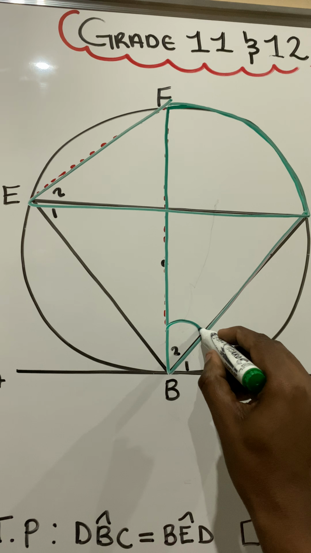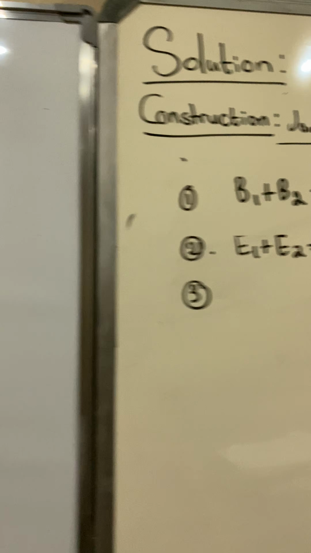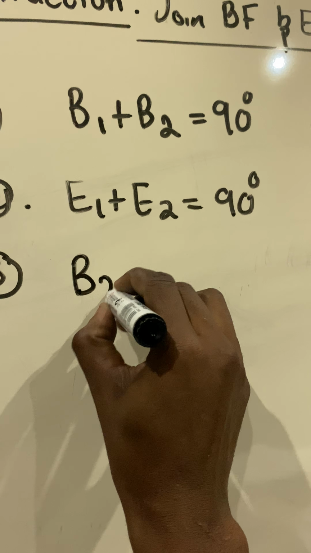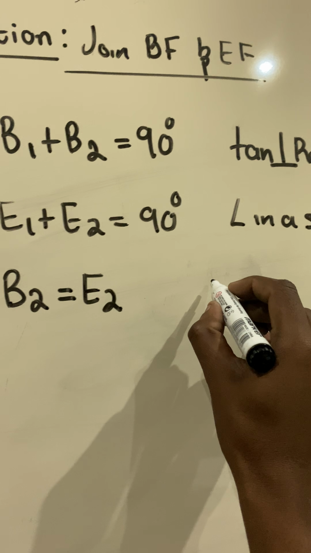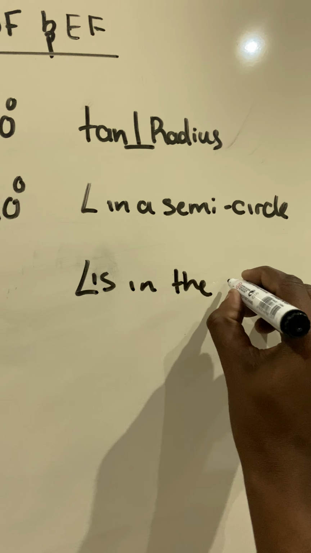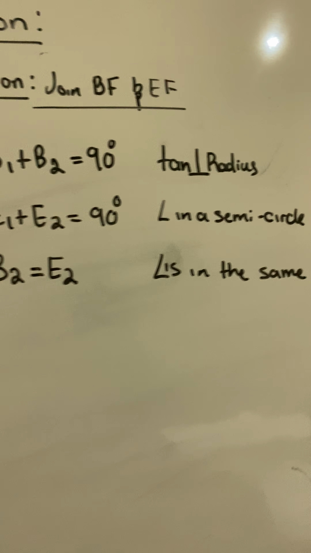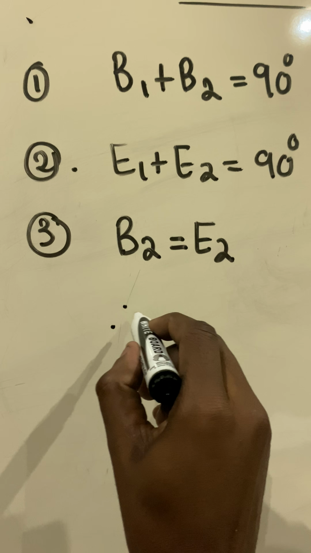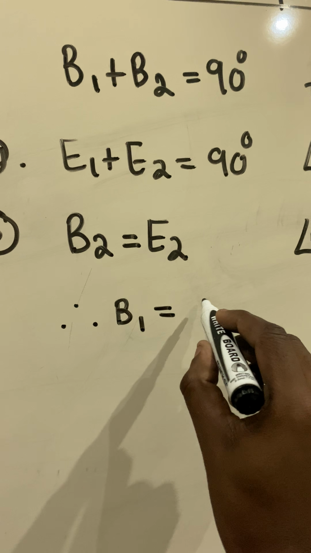Can you notice this one and that one? Do you see it? So I can say B2 is equal to E2. Reason for that? Angles in the same segment, right? Therefore, that would mean B1 is equal to E1.